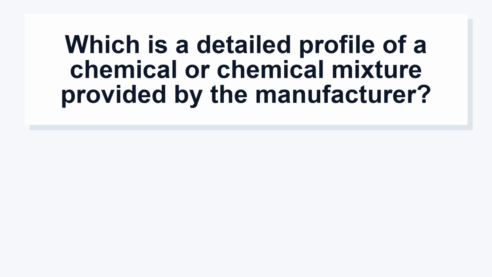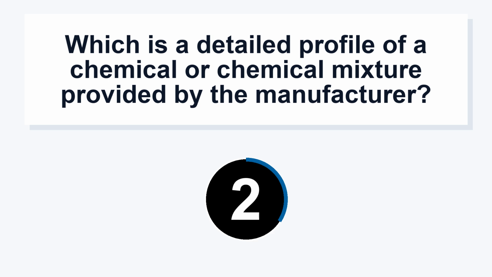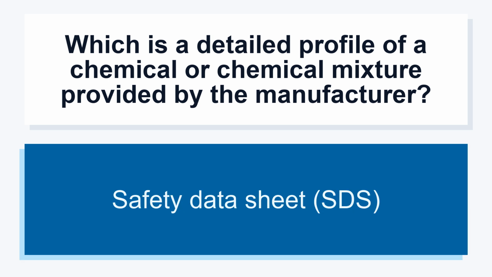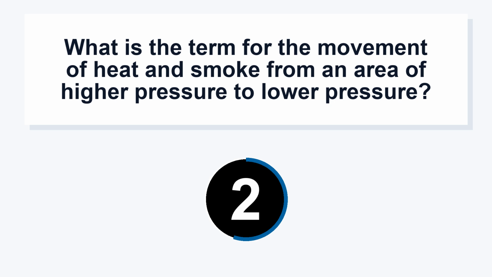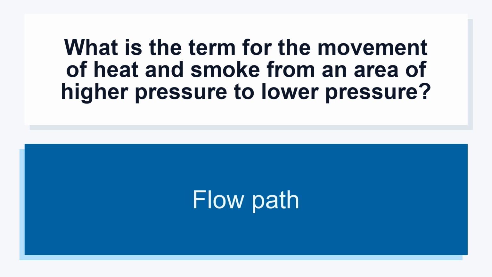Which is a detailed profile of a chemical or chemical mixture provided by the manufacturer? Safety Data Sheet, SDS. What is the term for the movement of heat and smoke from an area of higher pressure to lower pressure? Flow path.